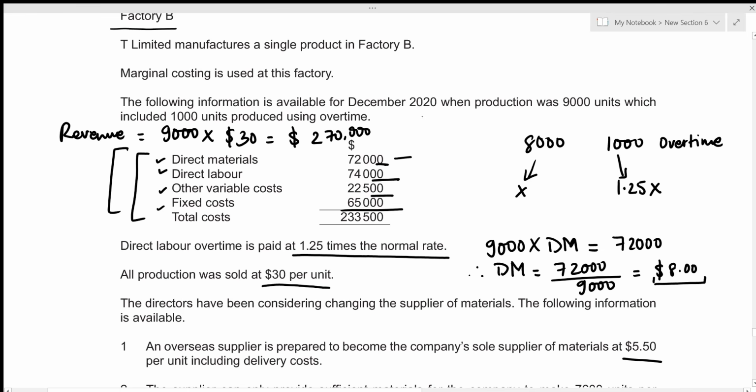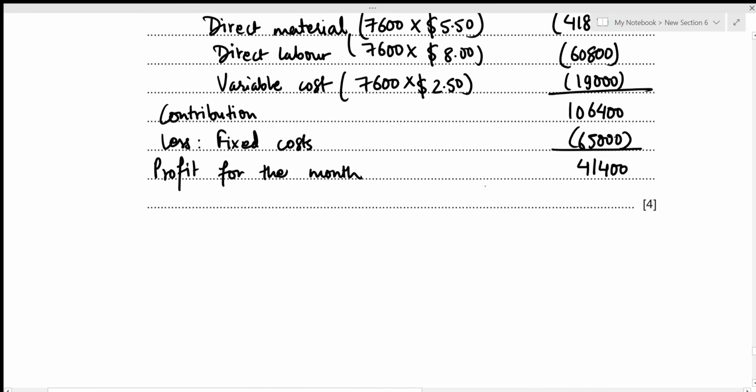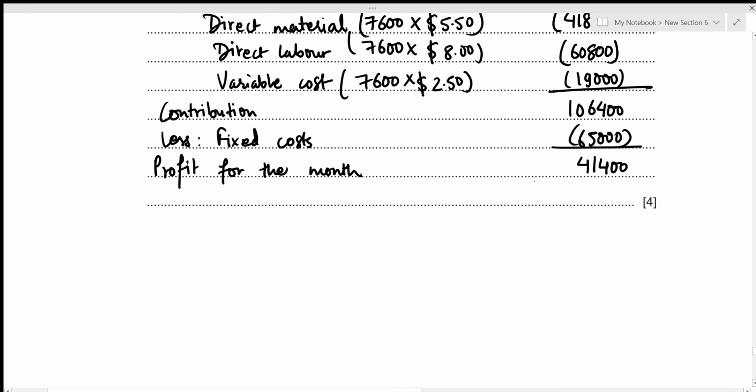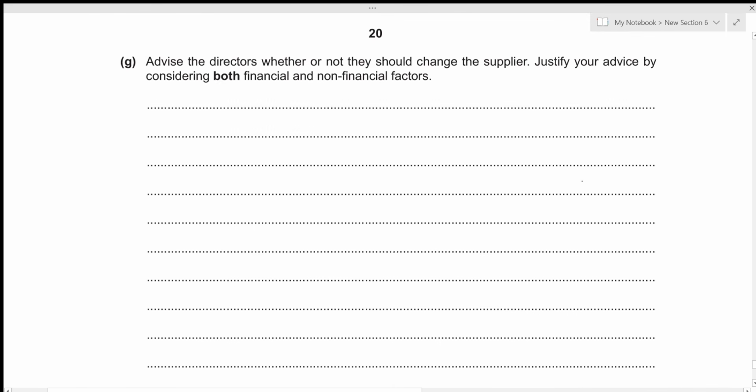Now we can easily figure out the profit. We just reduce the total cost from revenue. That's going to be 270,000 minus 233,500, which gives us the profit to be 36,500. All right. So firstly, we can say that the profit is definitely increased from 36,500 to 41,400. Let's write that down.